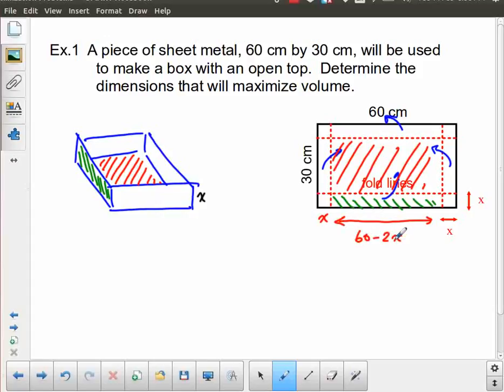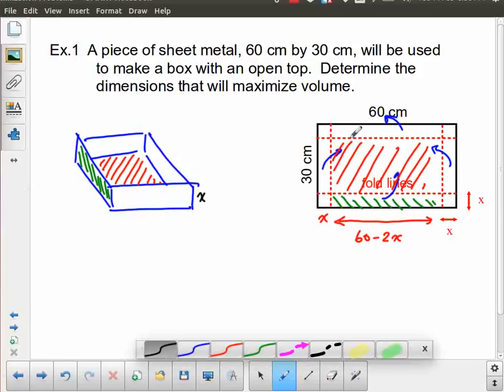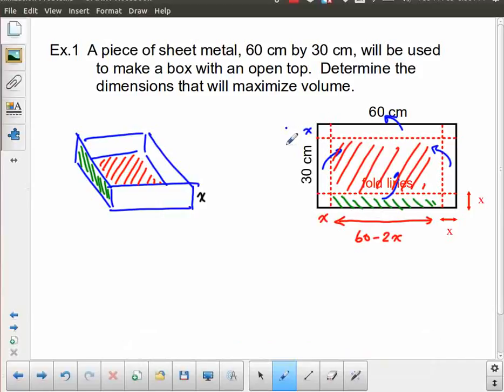I originally had 60 and now I've lost 2x. Vertically, I originally had 30 centimeters, but again I've chopped off a couple of x's. So I'm going to have a shortened part here vertically, and that's going to be 30 minus 2x.